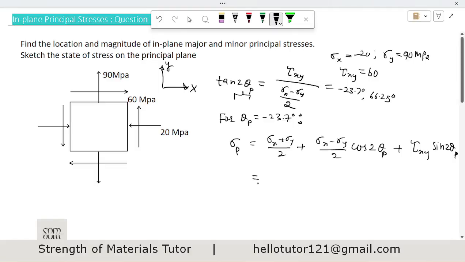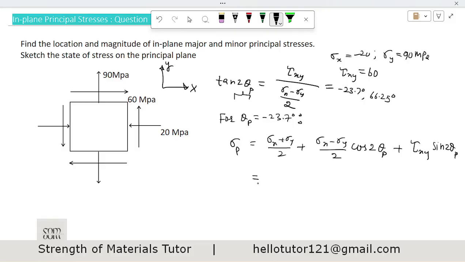It is sigma x plus sigma y by 2, that is minus 20 plus 90 divided by 2, plus sigma x minus sigma y by 2, that is minus 20 minus 90 divided by 2, times cosine of 2 times theta.